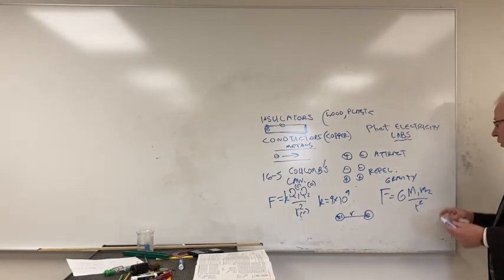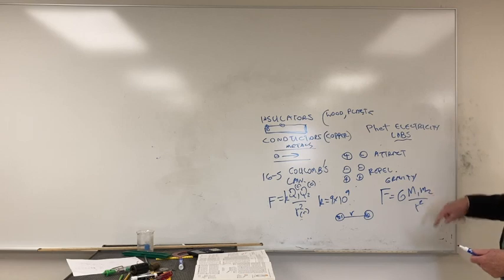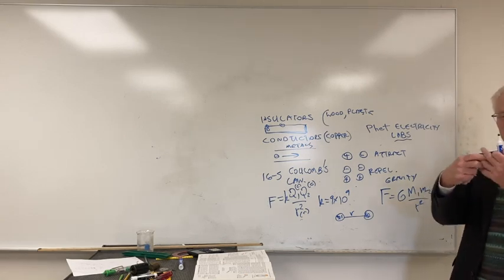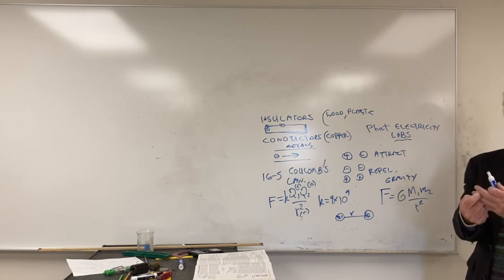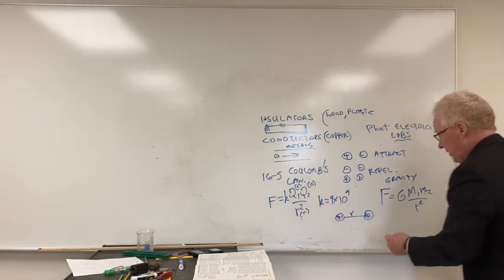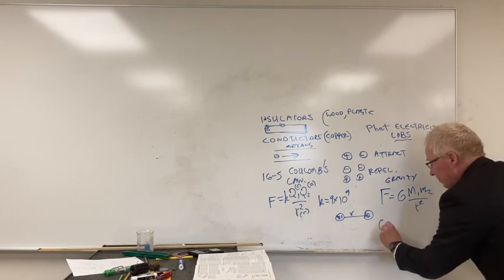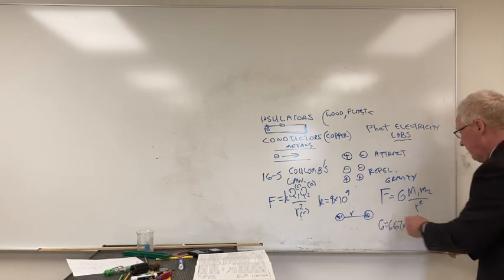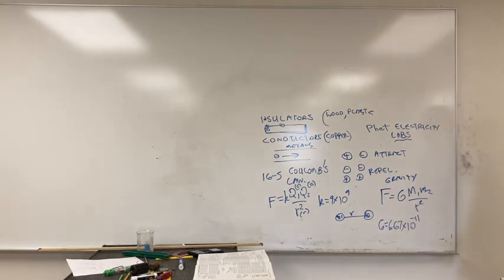Gravity is always attractive. We have never found anything like gravity repulsion. Here K is 9 times 10 to the 9th, while G, the gravitational constant, is 6.67 times 10 to the minus 11th.